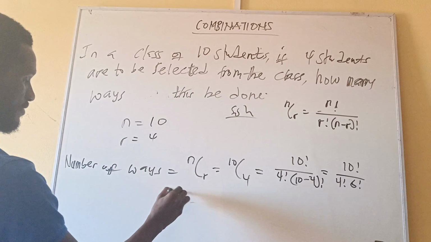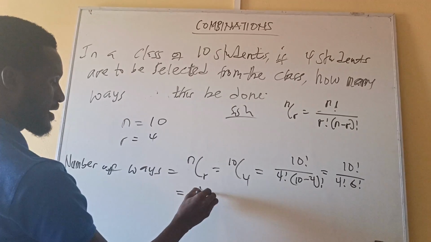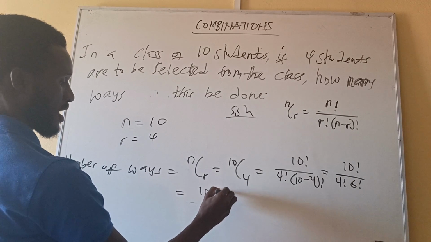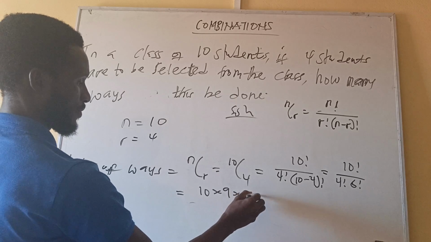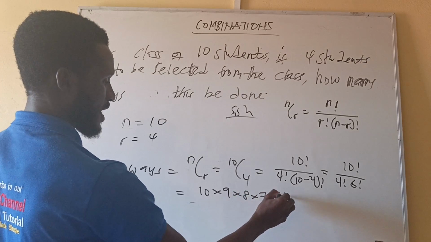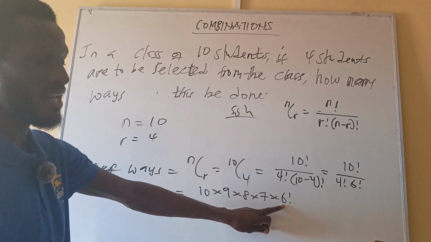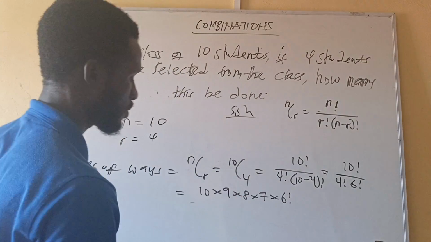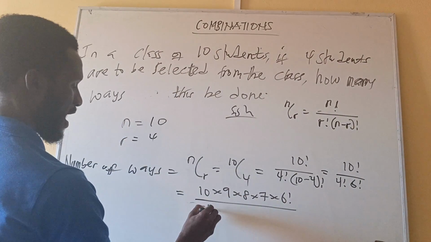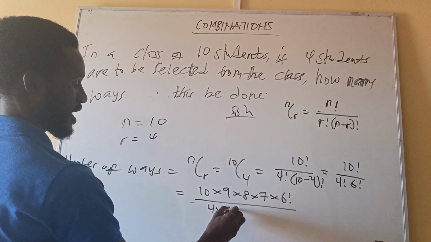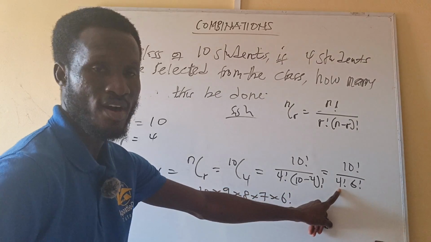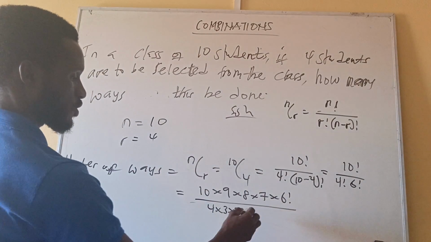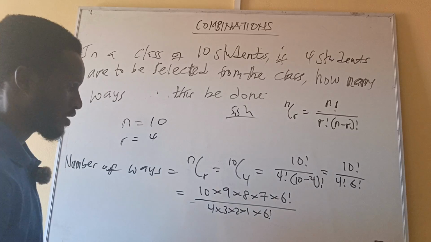Now, if I don't want to use a calculator, I can make it 10 times 9 times 8 times 7 times 6 factorial. I am ending at 6 factorial because I have 6 factorial in the denominator. Now, this is divided by 4 times 3 times 2 times 1, which is 4 factorial, multiplying 6 factorial.